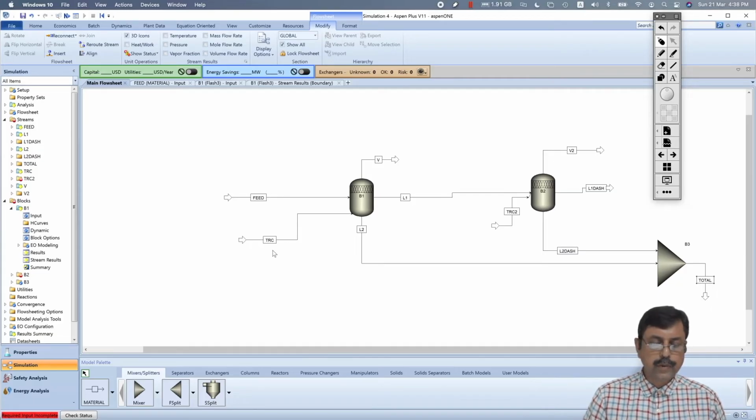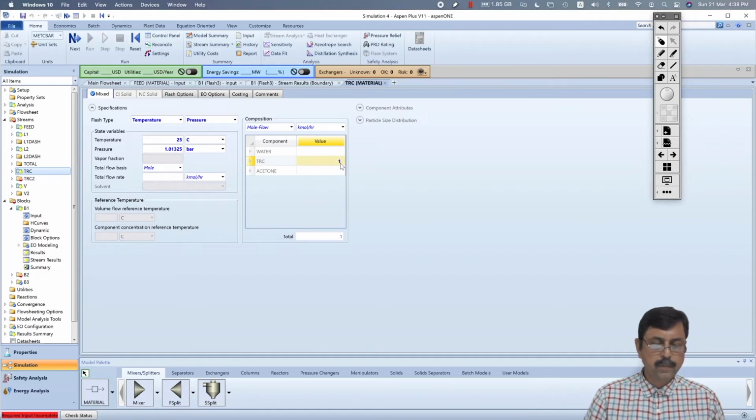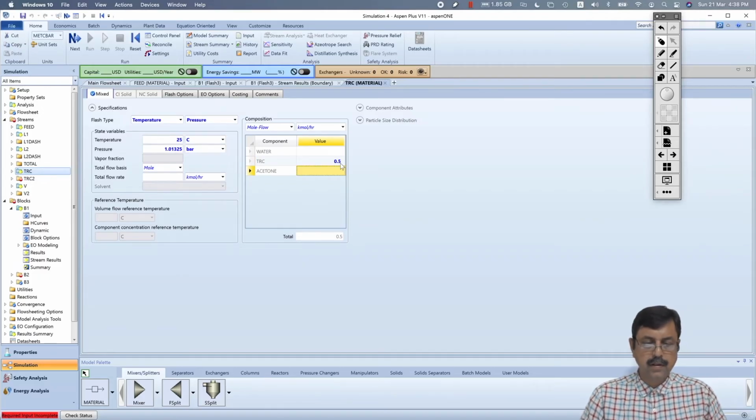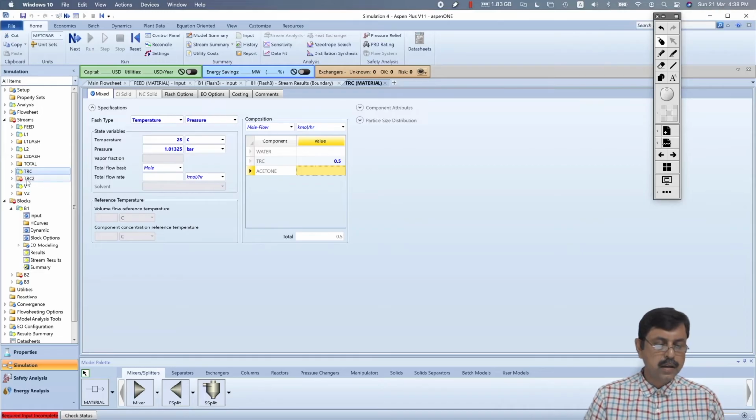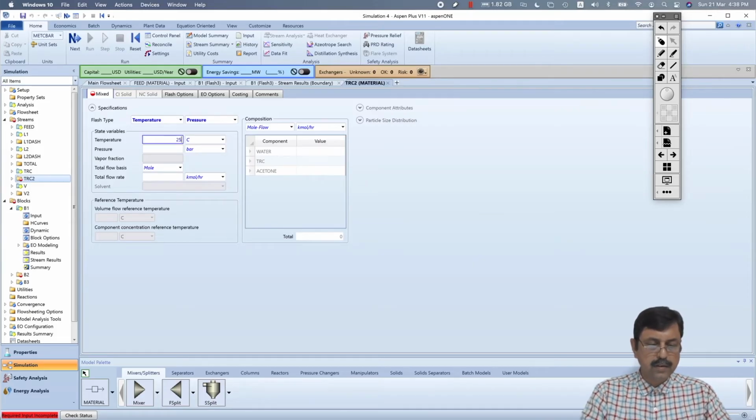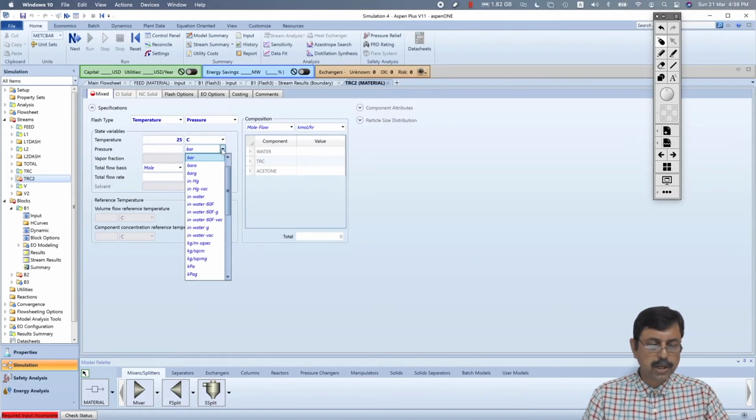So we will check what is the composition of the total stream. And we will not send the entire 1 kilomole per hour over here. We will distribute it 0.5, 0.5. So let us say TRC is 0.5 and TRC2 is again 25 degrees centigrade, 1 atmosphere pressure.